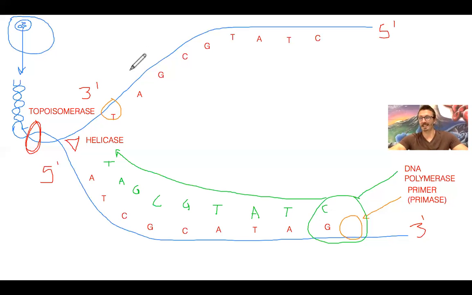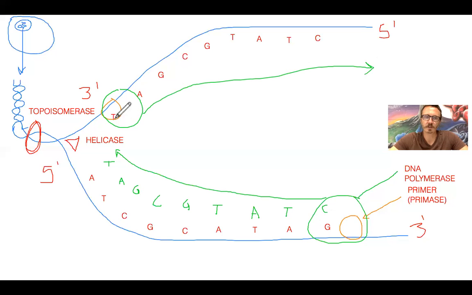Now on the opposite side, things get a little weird. Right, our DNA polymerase enzyme will attach near the primer so it knows where to start, and it's going to read the strand 3' to 5', right? So it's got to start here and it's got to move in this direction. And as it does this, it reads each one. Okay, T will pair with A, T, C, G, C, A, T, A, and then eventually G. Okay.